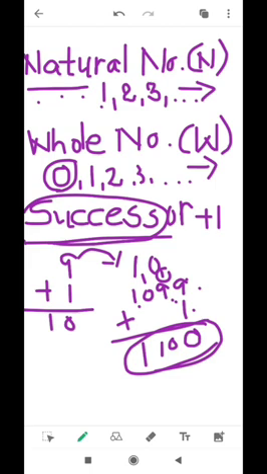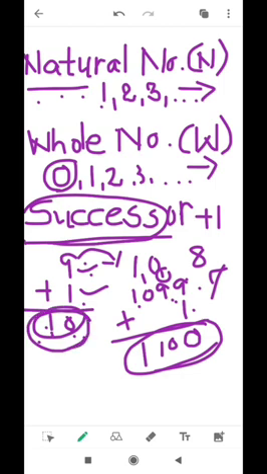Yeah, but do you remember that digits and numbers? See, this 9 and 1. 9 is one digit number. 1 is also one digit number. 8 is one digit number. 7 is one digit number. But what about 10? 10 is two digit number. How? See, 10. 1 and 0. 1 and 0 together making 10.